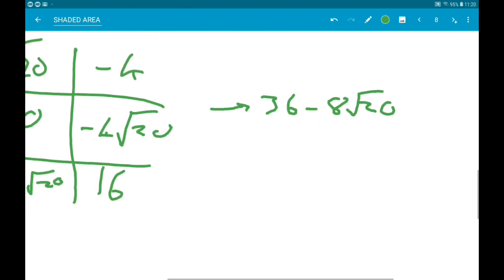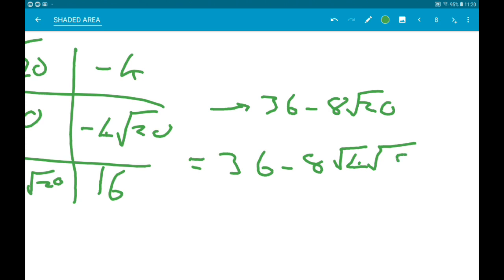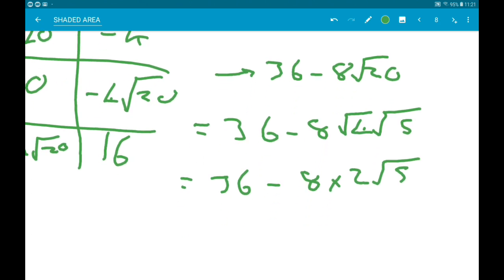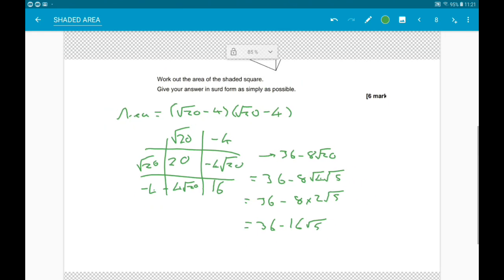So this is 36 minus 8 root 4 root 5, which is 36 minus 8 times 2 root 5, which finally is 36 minus 16 root 5. And there it is.